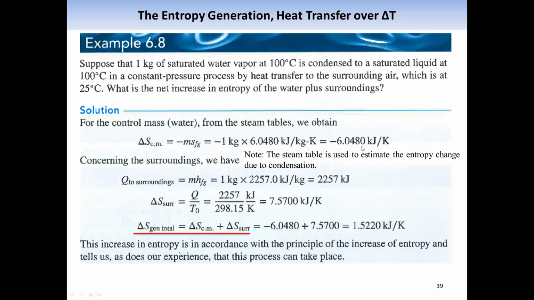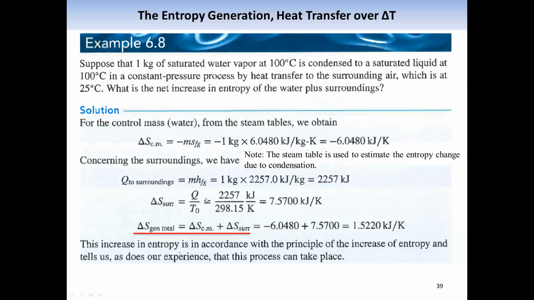It's a negative quantity. If we look at the entropy change for the environment, we have to estimate heat transfer first. Heat transfer to the environment is essentially Q based on the first law.